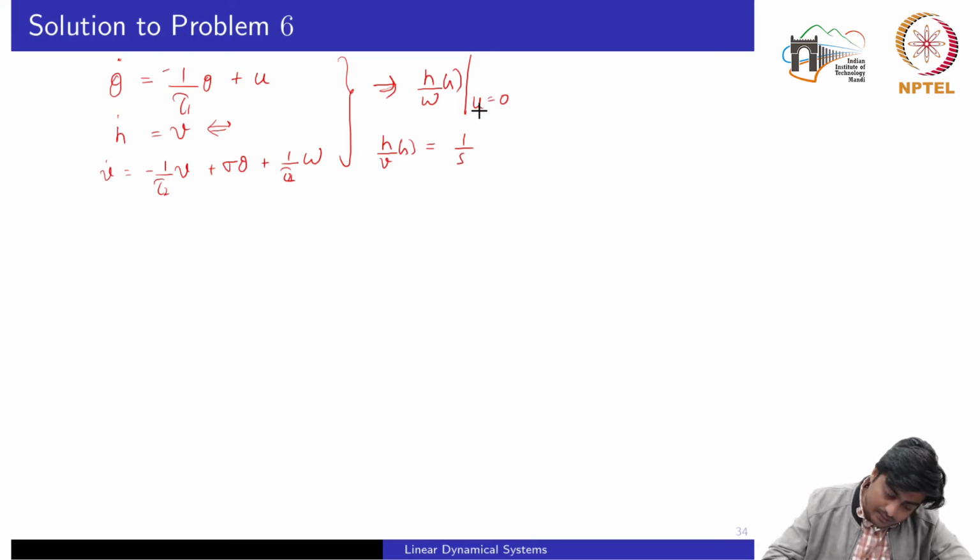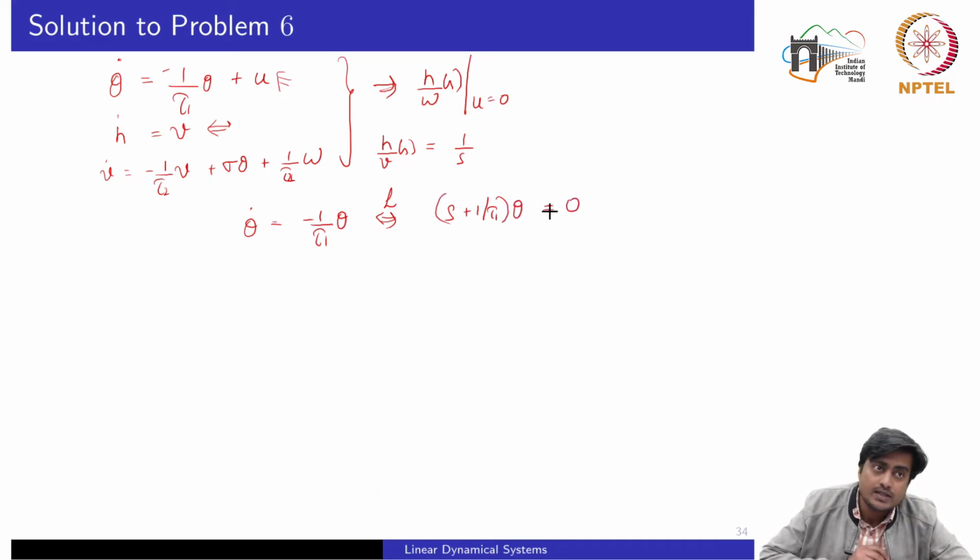Now when I substitute u equal to 0 in this equation, I would have theta dot equal to minus 1 by tau 1 theta, and taking the Laplace transform, I would get s plus 1 by tau 1 times theta equals 0, because u is taken as equal to 0.